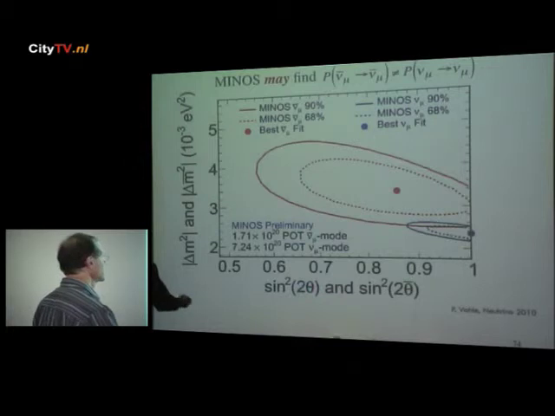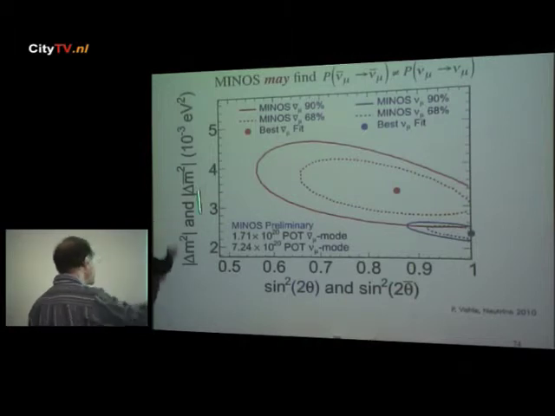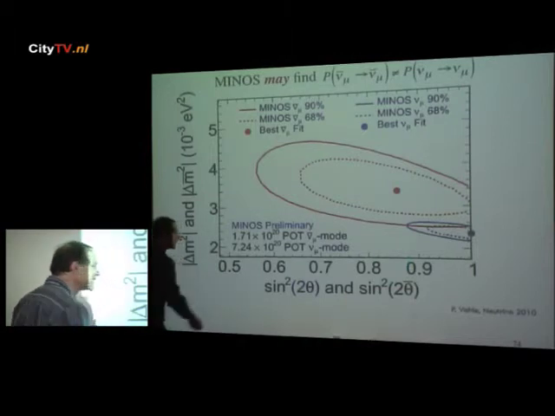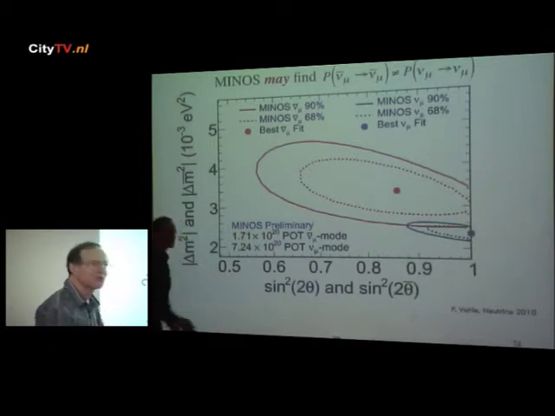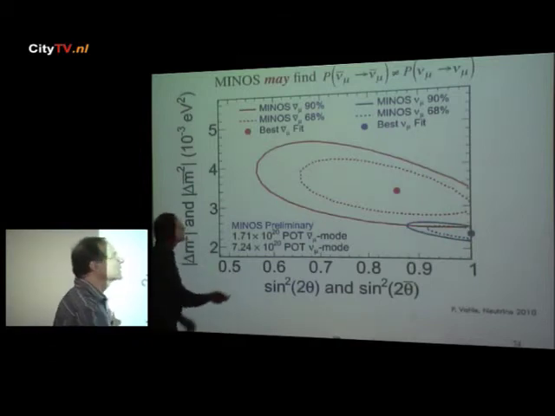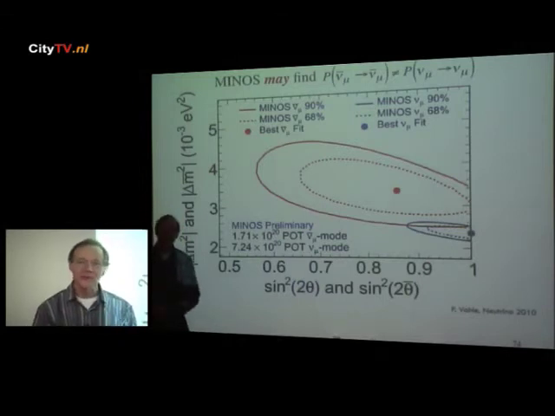This is sine squared 2 theta. No, this is delta m squared. This is sine squared 2 theta. In blue, the allowed region for neutrinos. In red, the corresponding allowed region for antineutrinos.